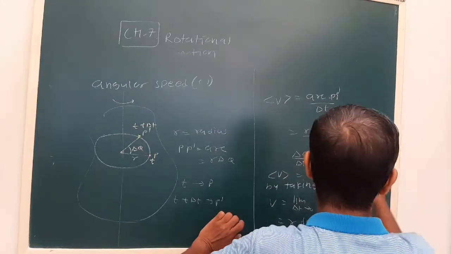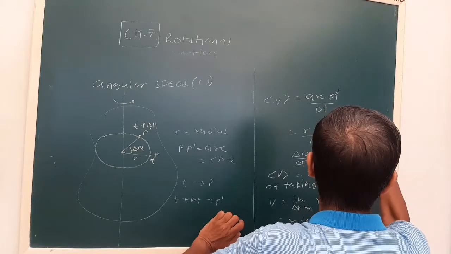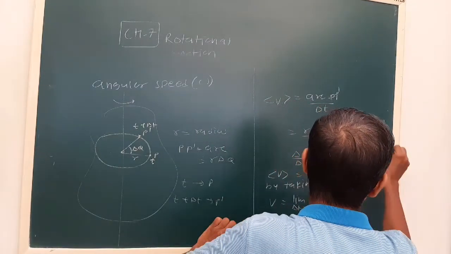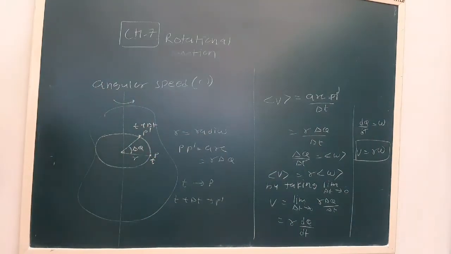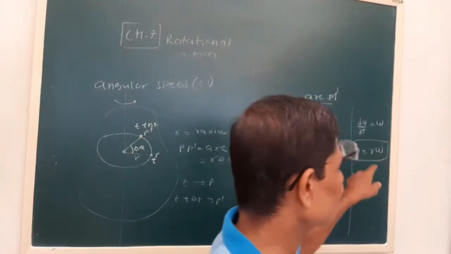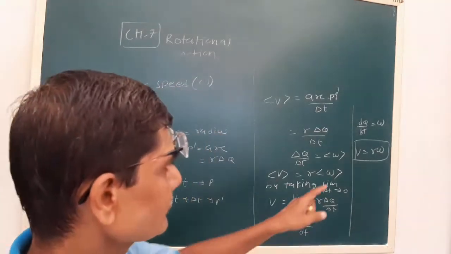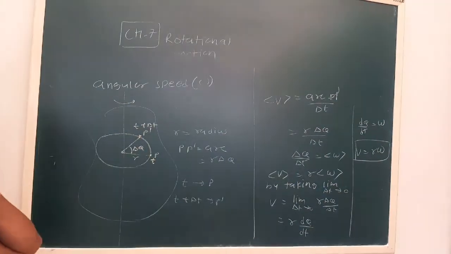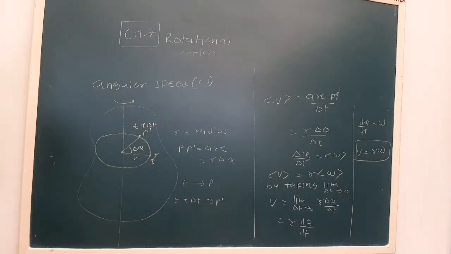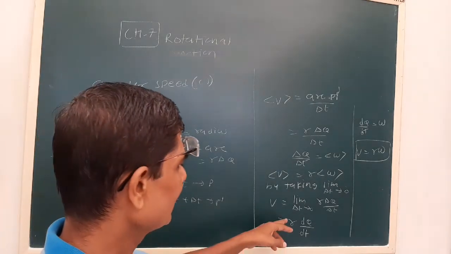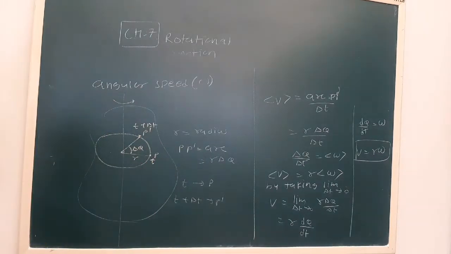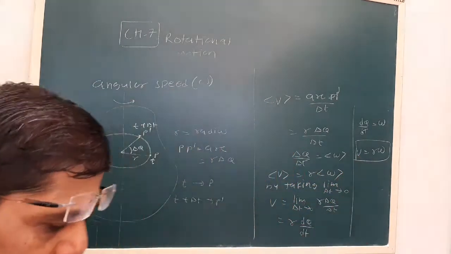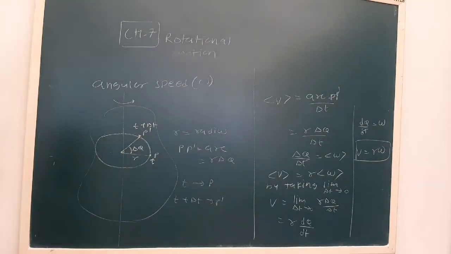Now d theta by dt is angular speed omega. So we can say v is equal to r omega. This is the scalar relation between linear speed v and angular speed omega. So the angular speed is given as d theta by dt, and the scalar relation between linear speed and angular speed is v is equal to r omega.